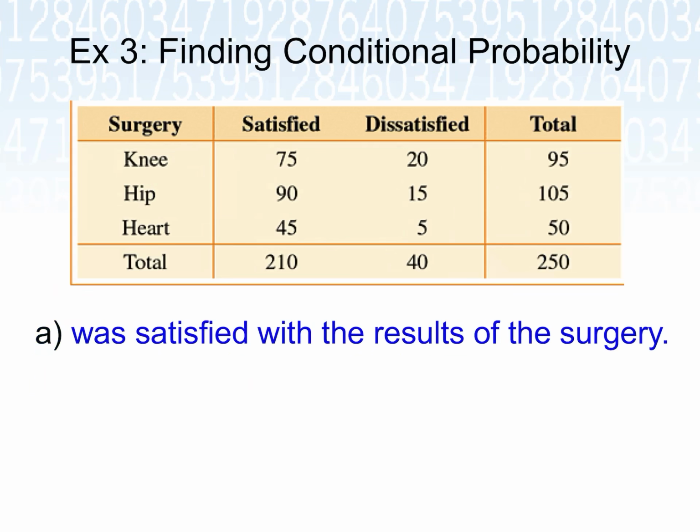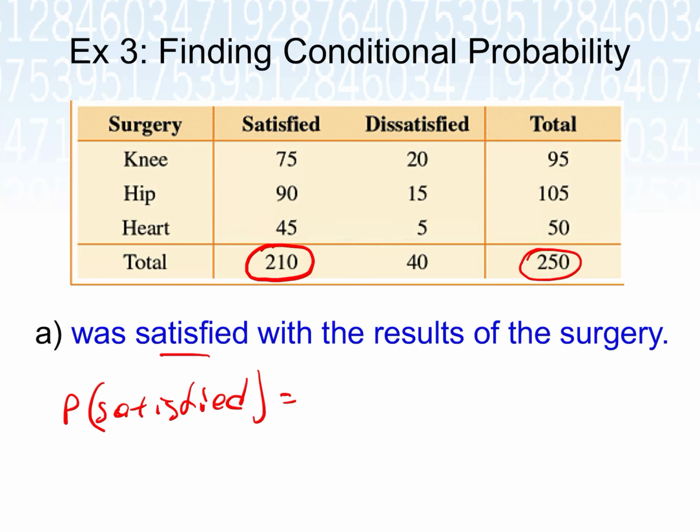Okay, well, how many satisfied people are there? 210, right? Okay, and the total number of people that had surgeries? 250. So the probability that the person was satisfied is just a basic probability problem. It's going to be 210 out of 250, okay?